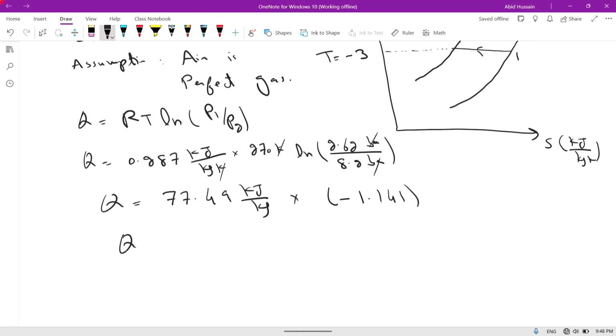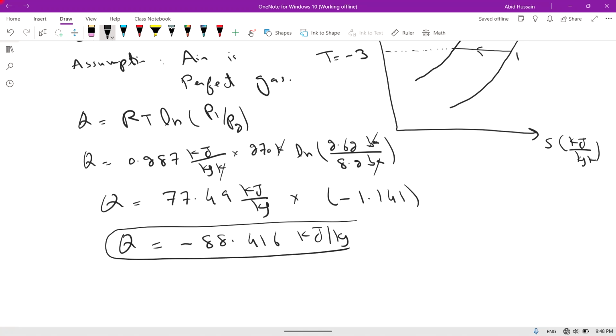So Q is equal to, multiply these two values, the answer will be minus 88.416 kilojoule per kilogram. Negative sign means that heat is rejected.